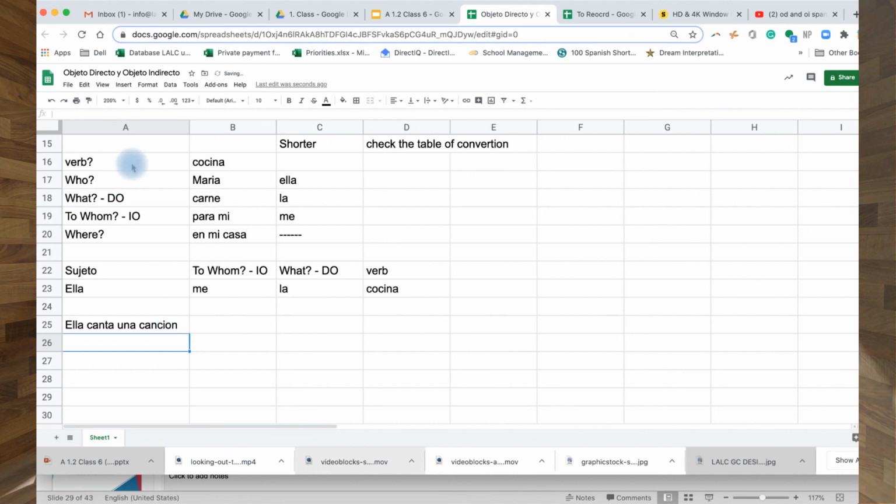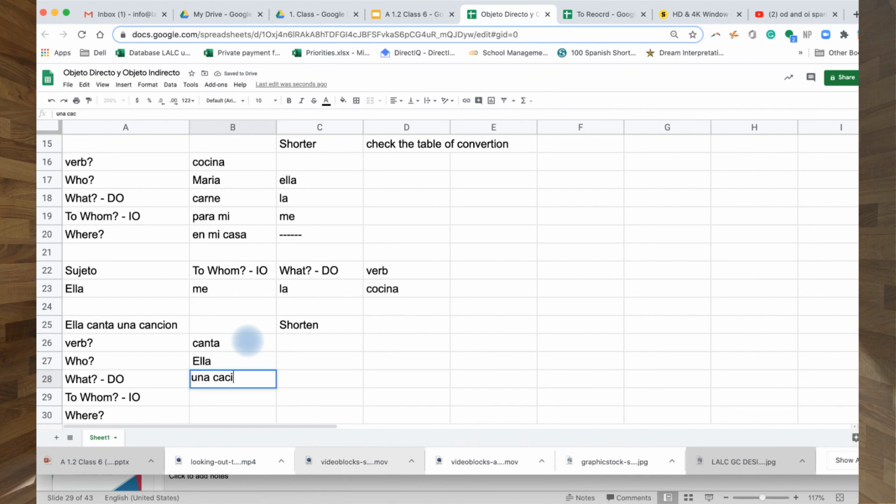So, the same thing, which is the verb? Canta, okay? In this case, it's already shortened, so who? Ella. Then what? Una canción, a song. To whom? It doesn't say, so you don't put anything.